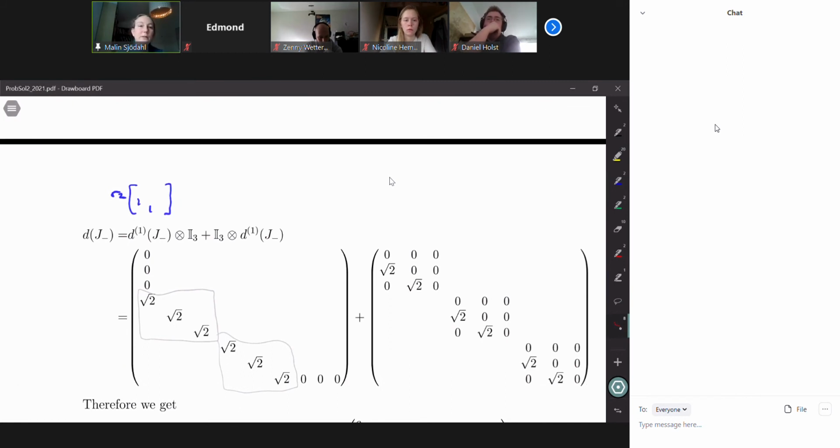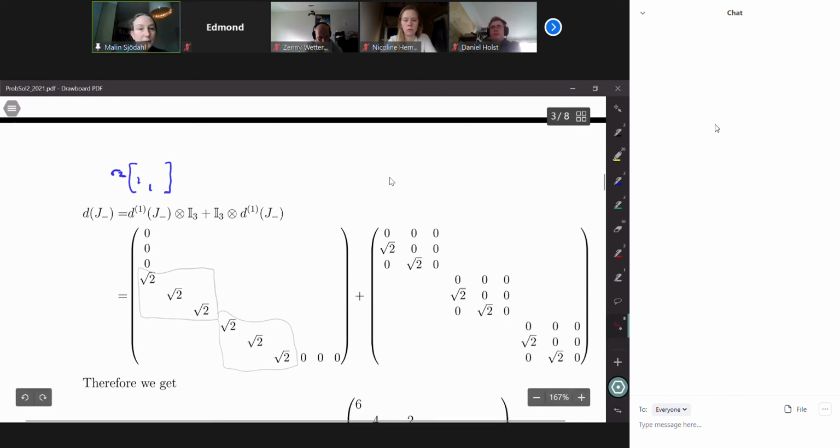So we use then the direct product rule for how to obtain matrices again. So we have the representation of J minus times the identity plus the identity for the other representation. So for the first representation times J minus for the second representation. In this case, we're treating two spin ones.